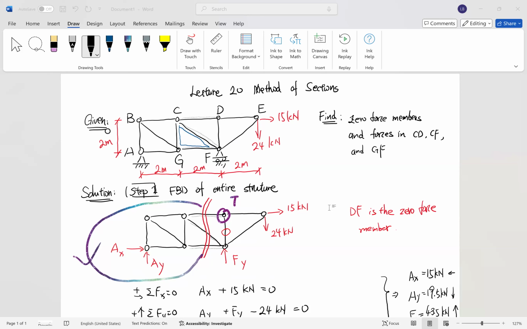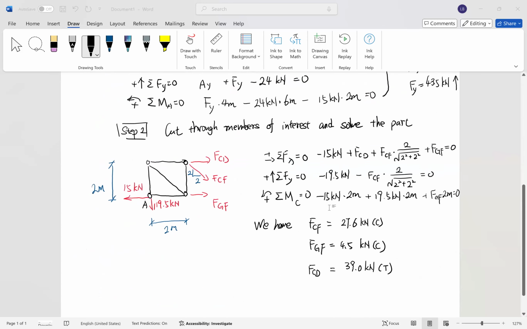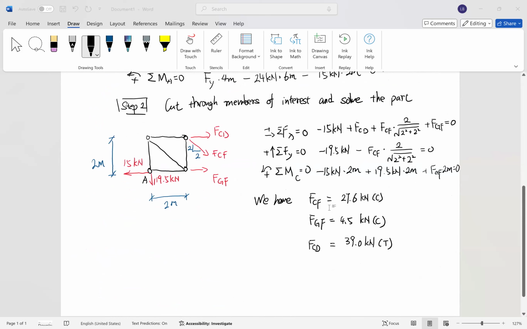After you solve that, you can apply the method of joint at joint C to obtain the member force in BC here. This is actually the method of section.